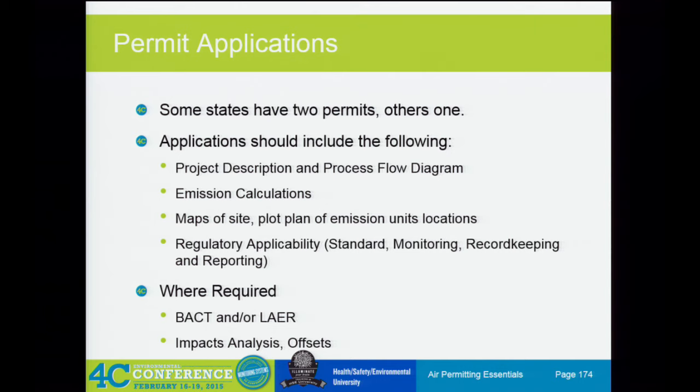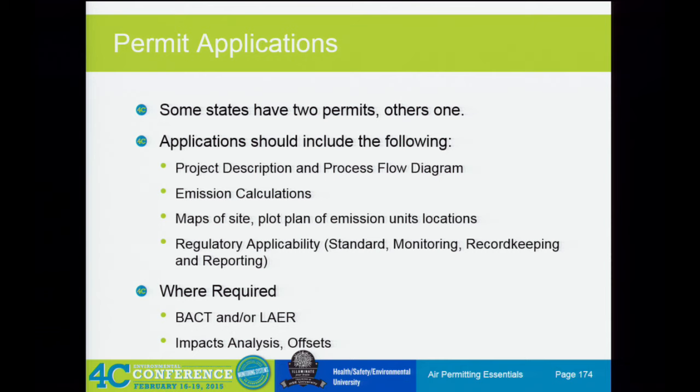You'll want to talk about the regulatory applicability that we just went through, which federal rules apply, what monitoring and what record keeping is required by those federal rules. If it's going to be required by a case-by-case permit or something like that, then you'll want to include your interpretation of BACT and what layer is.